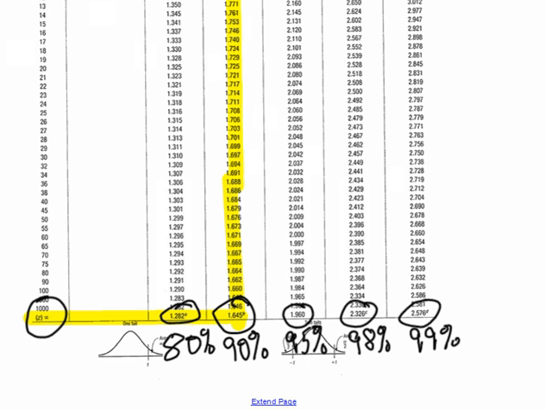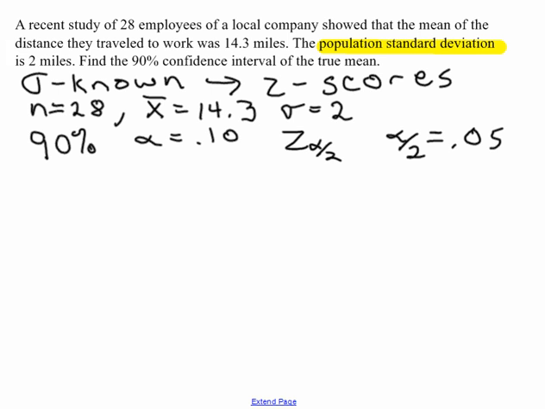So back to our problem. Z alpha over 2 was 1.645.